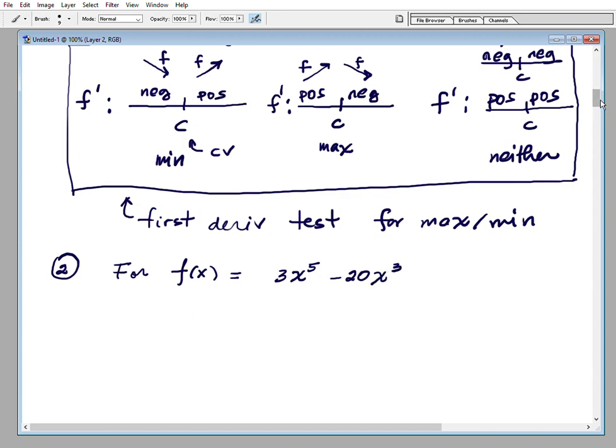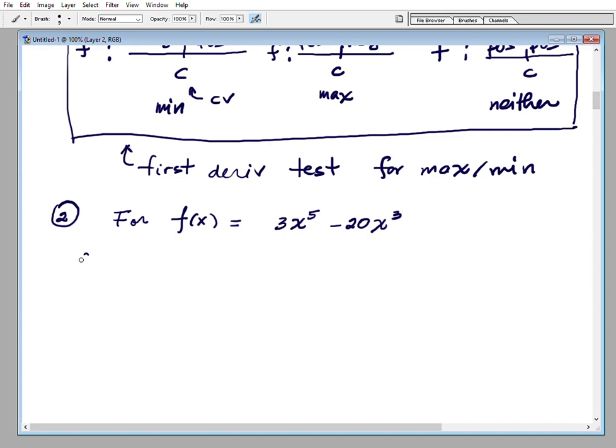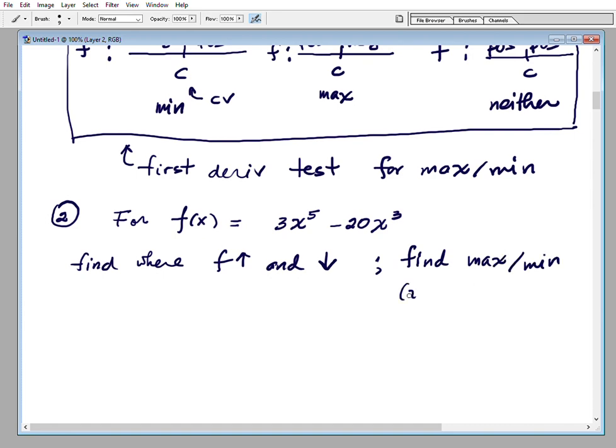What we want to find is where f is increasing and decreasing, and find max min. And let's say we want to find the x and y coordinates, the full point for the max mins. This is all done in one plus minus analysis. They're two separate questions, but it's done together.